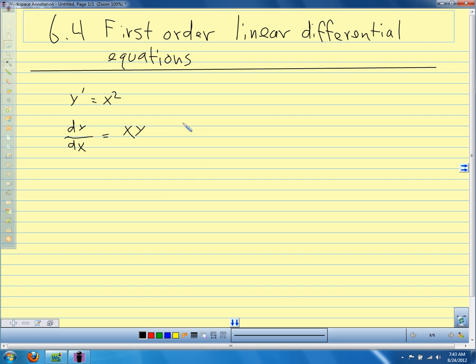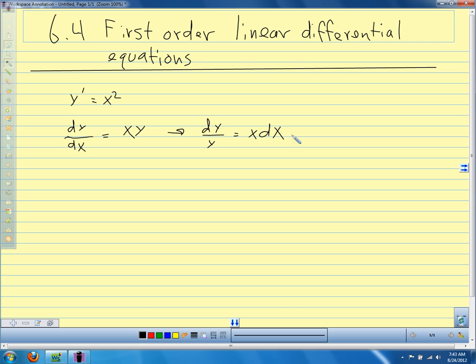We can rewrite this as dy over y equals x dx. We separated our variables, and we can integrate both sides to solve this one. So this is one that we have some familiarity with. Today we're going to talk about a little more complicated type of differential equation.